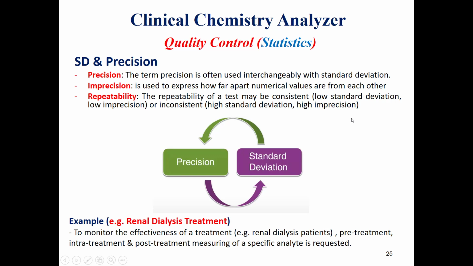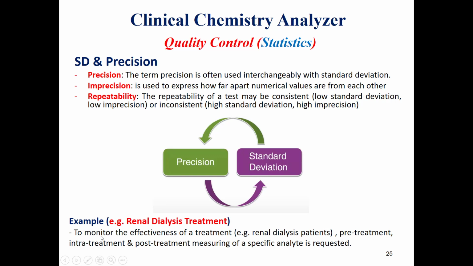We should have a consistent repeatability of tests because, for example, in order to prescribe any medication or to follow the course of the treatment, we should have a good, consistent repeatability.